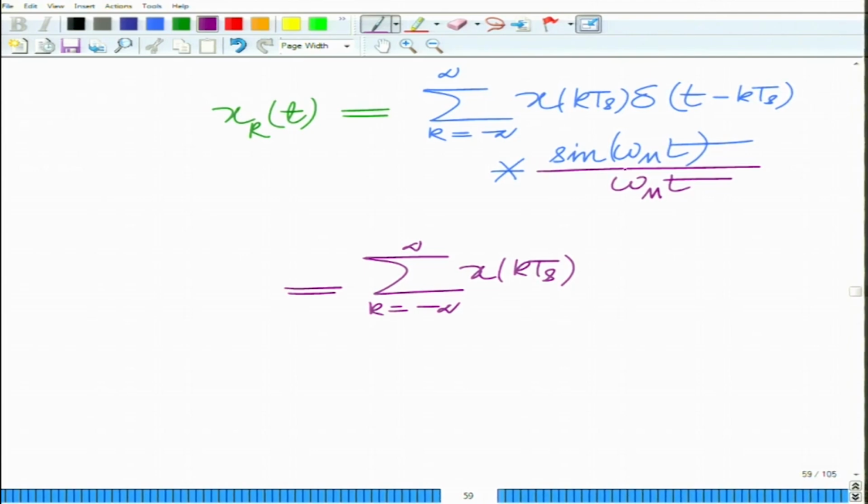Now, remember you can take the sinc function inside. So the sine of omega m t divided by omega m t convolved with delta t minus k T s gives me sine of omega m into t minus k T s.